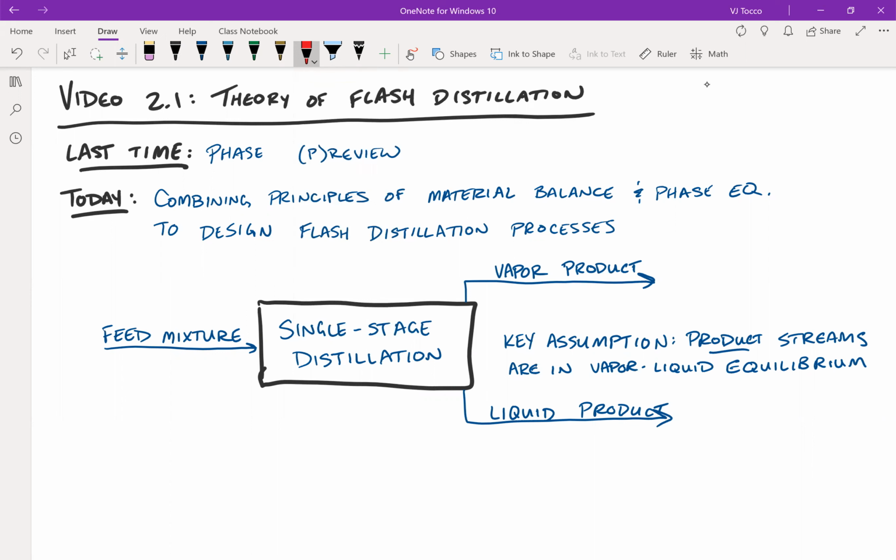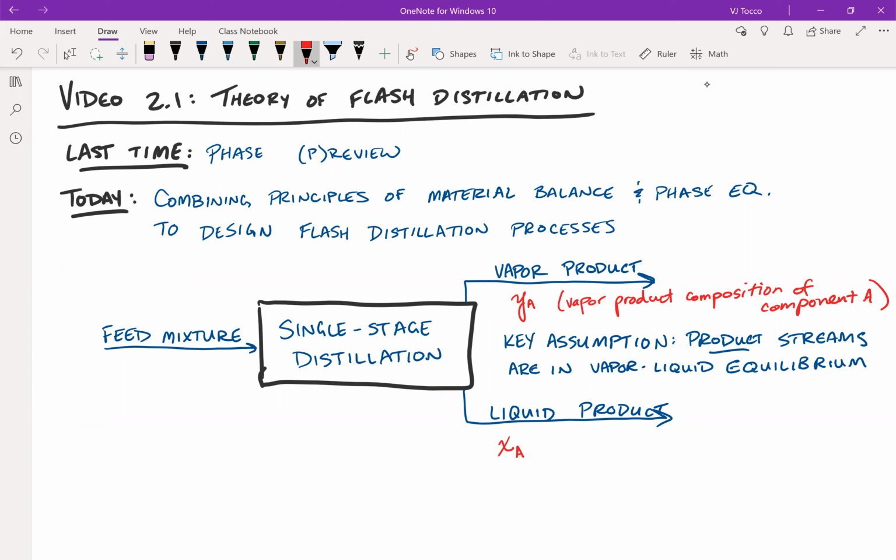I'm going to denote the vapor product composition as Y sub A. So this is the vapor product composition of component A. And remember, if we have a binary mixture, and most of the time in this class we'll talk about binary or two-component mixtures, I only have to specify Y sub A, because Y sub B is then obtainable by saying that Y sub B is 1 minus Y sub A. So traditionally in separations, just to make it easier to keep track of things, we typically only talk about the more volatile component.